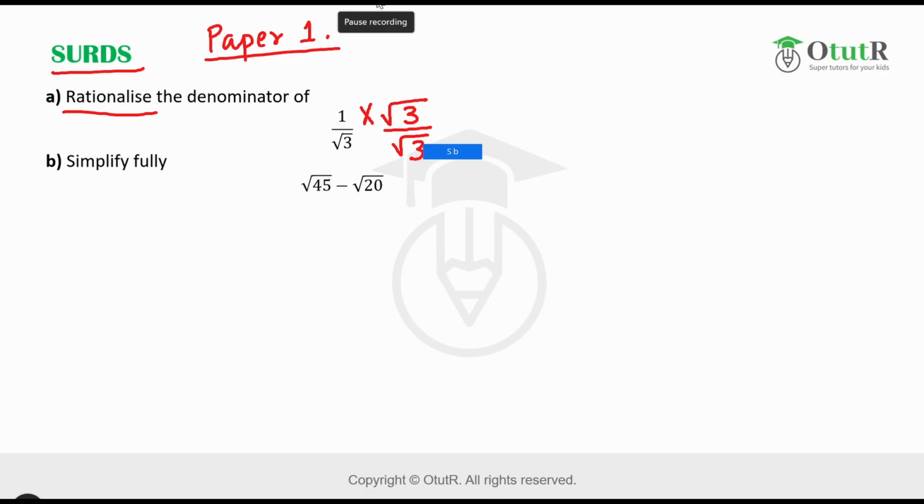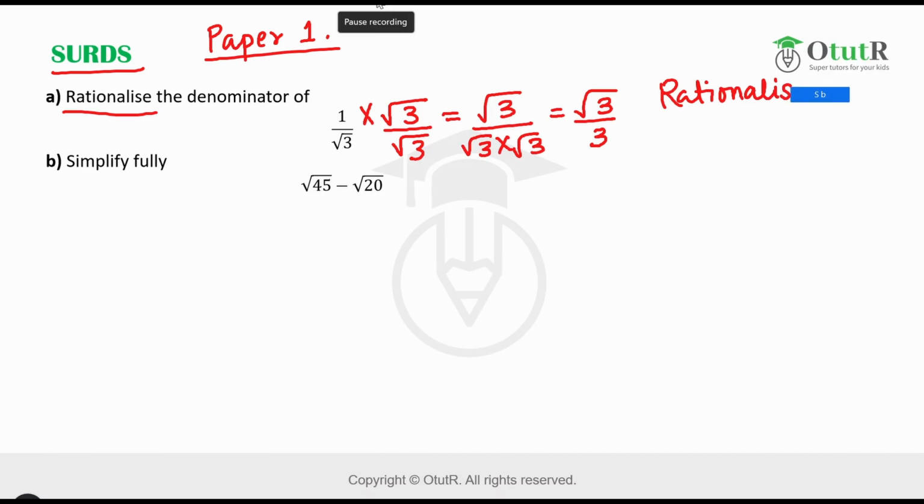After that, in the numerator I'm going to get root 3, and in the denominator we are going to get root 3 multiplied by root 3, which will make root 3 over 3, right? So in a rationalized question, we are able to remove a surd from the denominator, right?